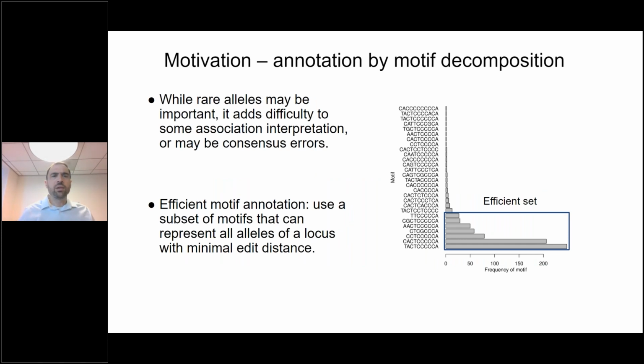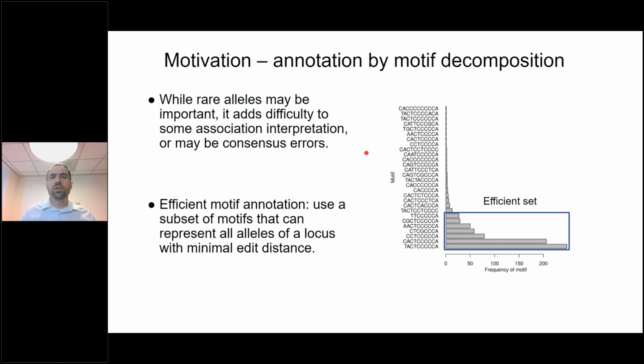So what does that look like in practice? If we take a set of assemblies and count, for one particular locus, how often we see every different motif across all assemblies, you tend to see a few commonly observed motifs and a bunch of rare motifs.